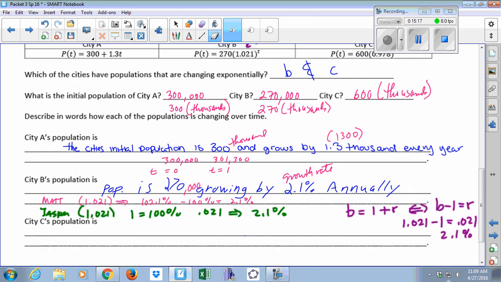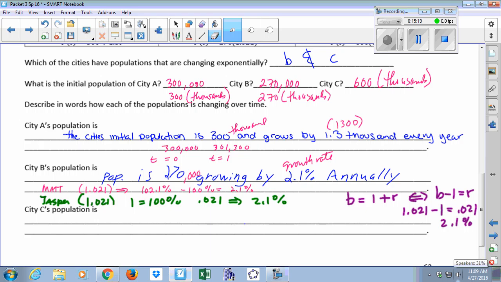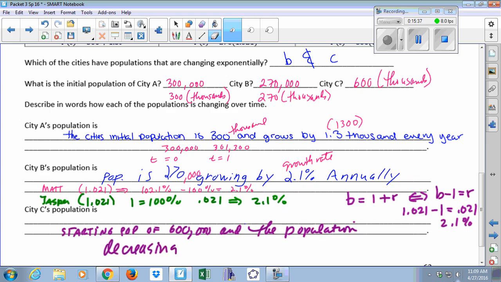Okay, so let's stick with city C. And so city C starts with an initial population of 600, starting population of 600,000 people, and the population is decreasing at a rate of, now we've got to be careful. What rate is it?